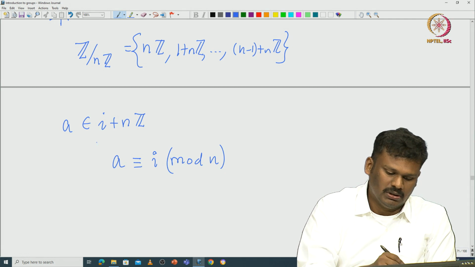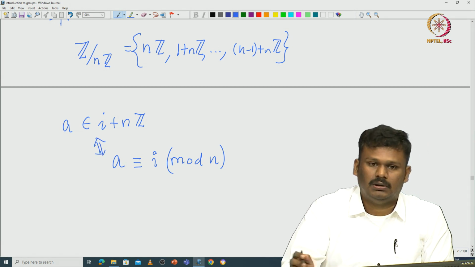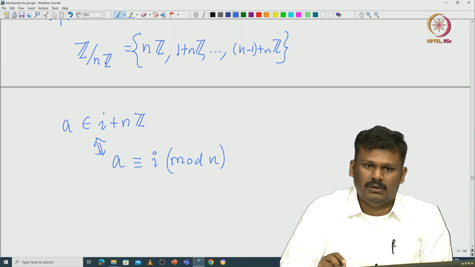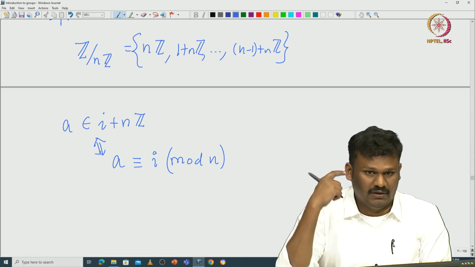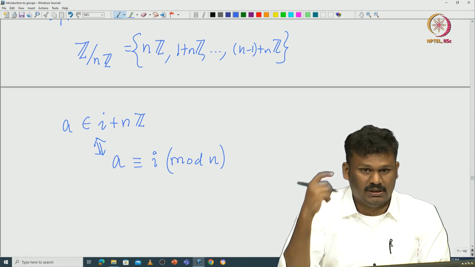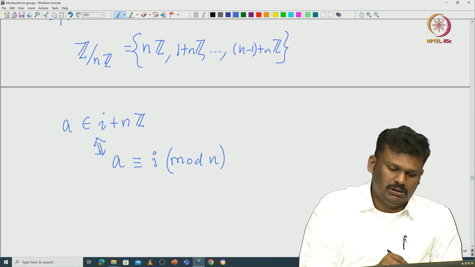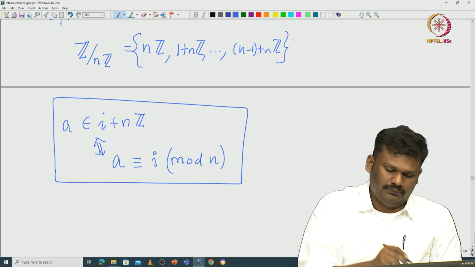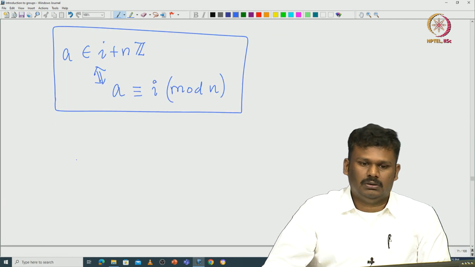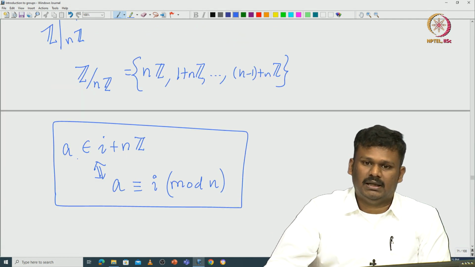This is actually if and only if, and it is obvious because it is just by definition. If a is inside i plus nZ, then a minus i is a multiple of n. So, these two coincide. Now, we want to define addition here in Z modulo nZ.